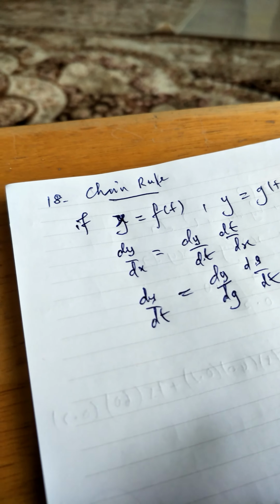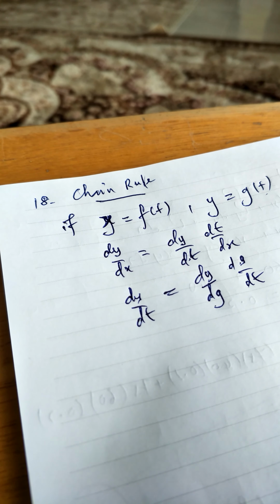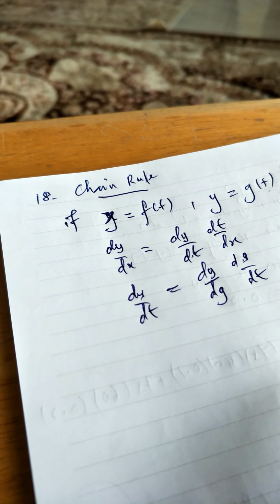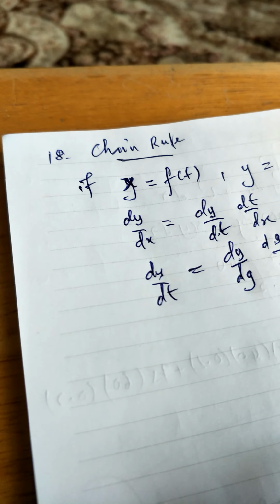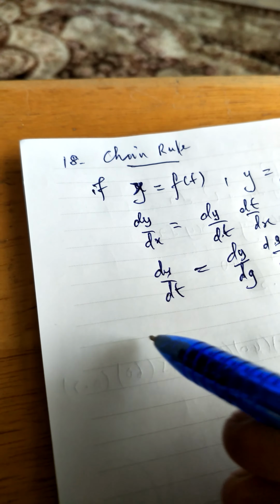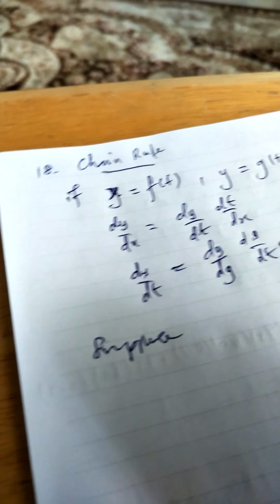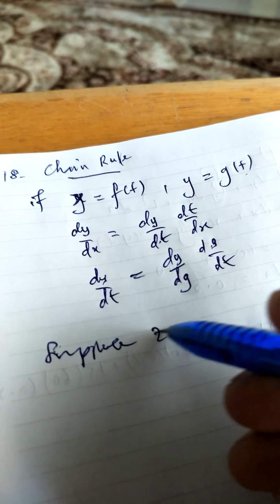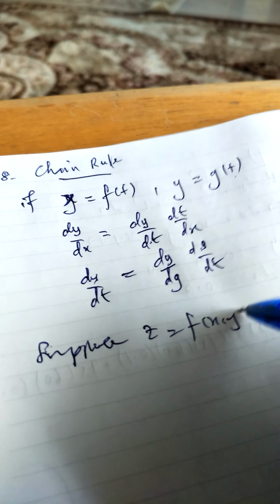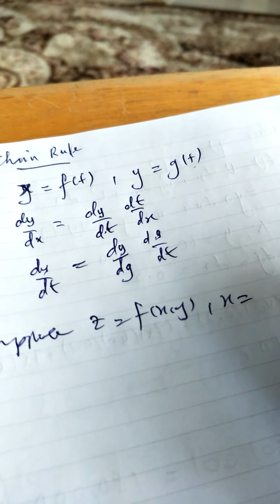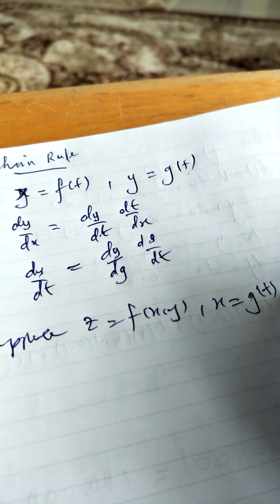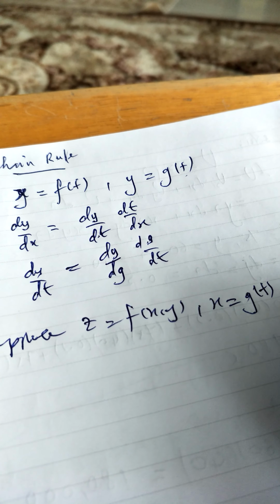Now suppose that we have z is equal to f of x, y, where x is a function of t and y is also a function of t.